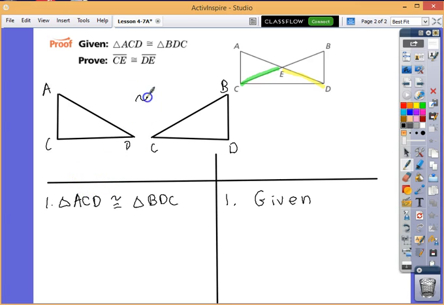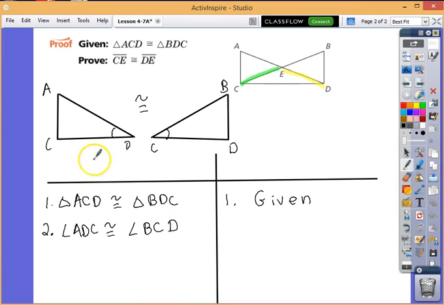So now that I know these two triangles are congruent, it's easy to pick out that this angle is corresponding to this angle. Well, this angle is angle ADC, and remember, I told you I was going to use three letters to write it. I forgot to put the angle symbol first. Angle ADC is congruent to angle BCD.